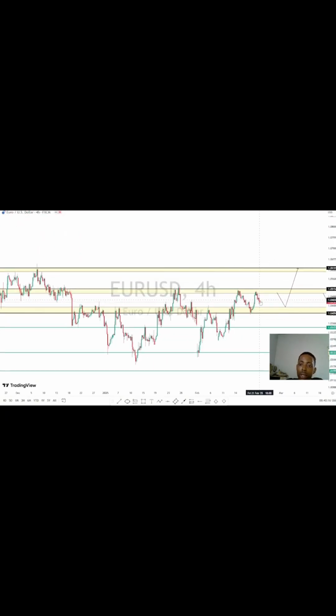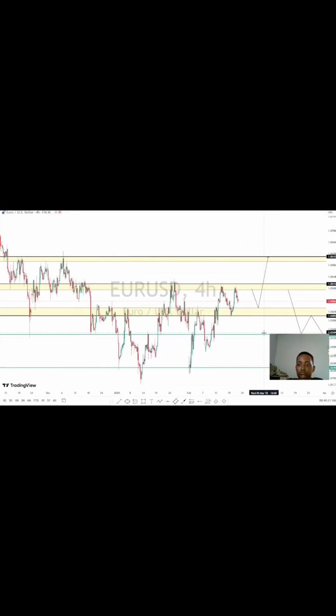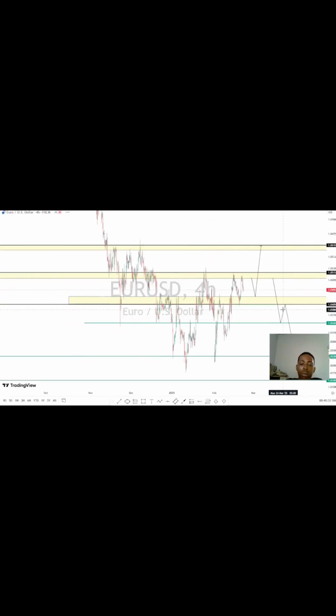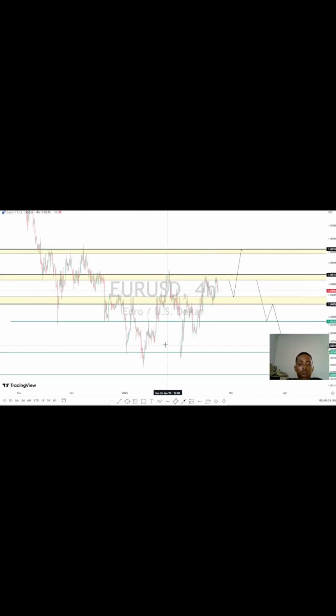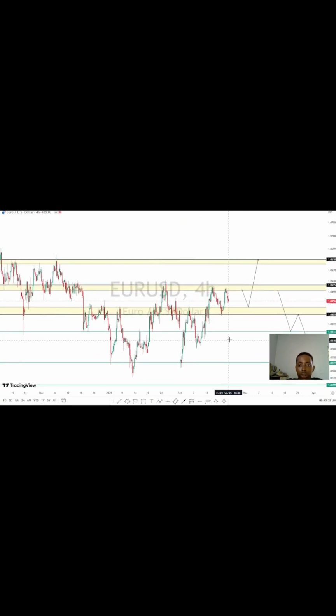So guys, as you can see, as I explained here, either I wait, let me readjust it, let it be kind of clean. So this is what I'll be looking at on the Euro USD for next week.